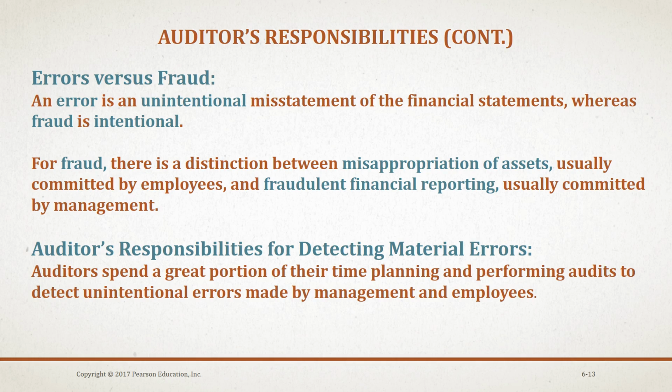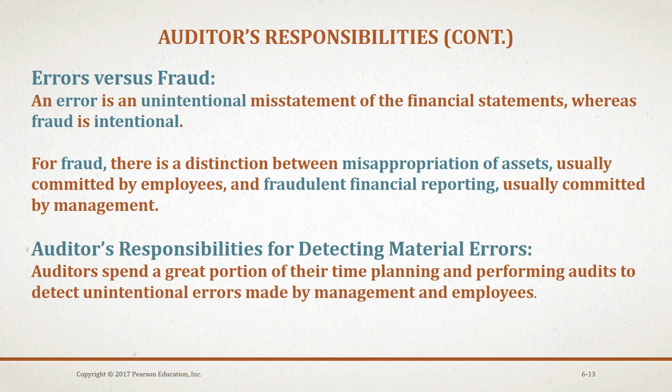For fraud, there is a distinction between misappropriation of assets, usually committed by employees, and fraudulent financial reporting, usually committed by management. So again, two different things. Fraud could be misappropriation of assets, where somebody is stealing physical assets, cash, stealing the equipment. Fraudulent financial reporting, where management is booking something which they know is wrong in an attempt to deceive the users.